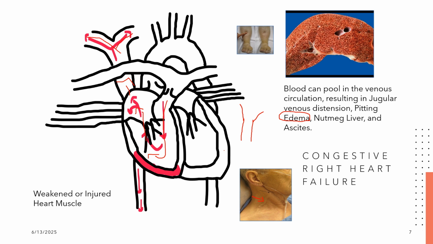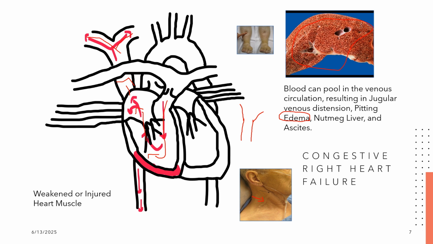Another sign is that when you go lower into your abdomen, a lot of things can arise. First of all, you get this very disturbing picture of something called a nutmeg liver. So basically, what is a nutmeg liver? All of the blood pooling in the systemic circulation starts to back up into the hepatic veins, which causes distension of those small hepatic veins and lobules.